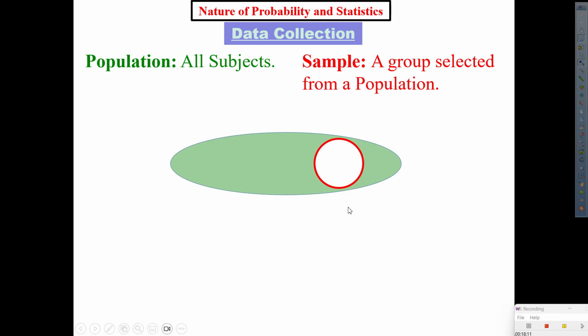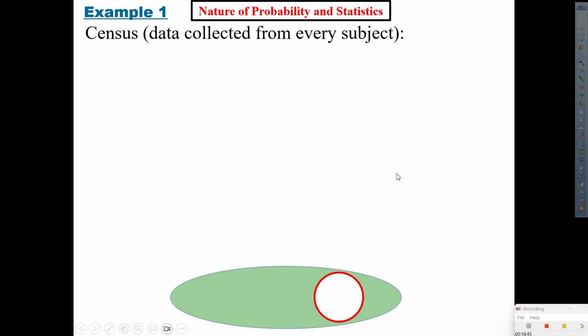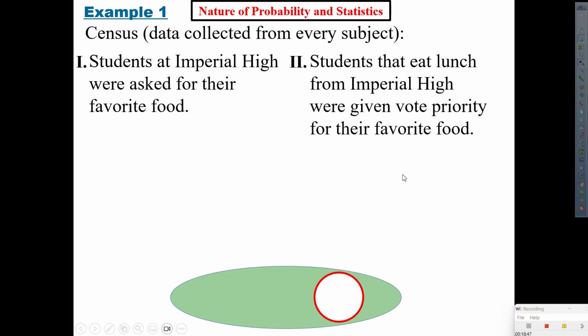So here it goes. I'm going to do one problem together with you guys. Don't copy this, just to see where we're at and how you understand this. Data collection is done both ways, either by population, which means all subjects, or by sample, which means a smaller group from the entire population. Look up to the screen. Ready? Here are two situations.